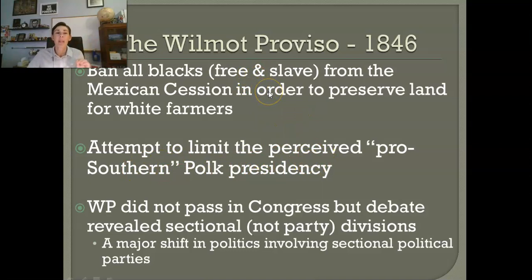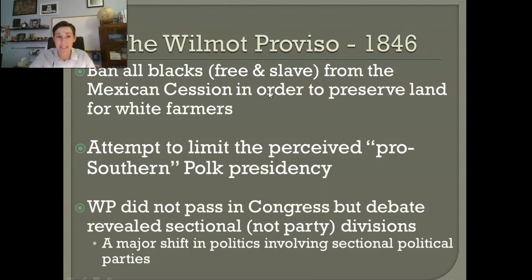This was completely messed up. But the anti-slavery folks were trying to keep slavery from going to the new territories. In order to do that, if you prevented any black person from going there, you would also prevent slaves and therefore slave owners from going there. So it would effectively prevent slavery in the territories.